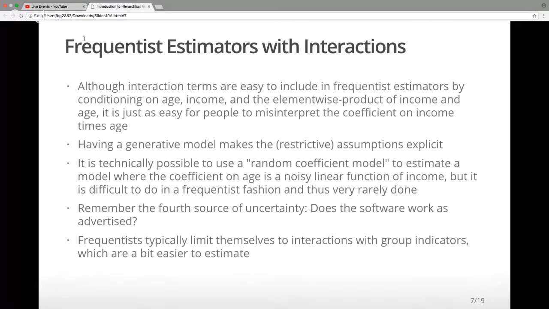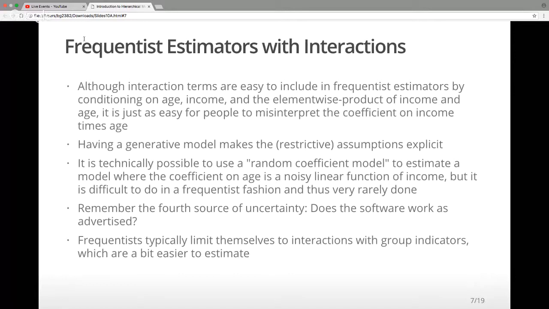But that is a difficult thing to do well from a frequentist perspective, and it's very rarely done. You don't see a whole lot of articles and journals using what frequentists call a random coefficient model, because it's difficult to do well. And maybe some justification for that comes from the fourth source of uncertainty that we talked about early on in the semester.